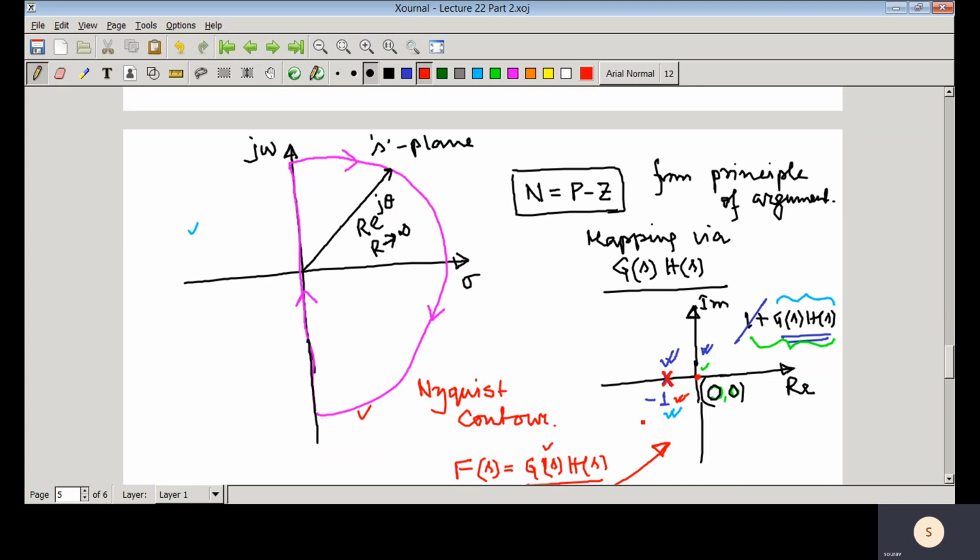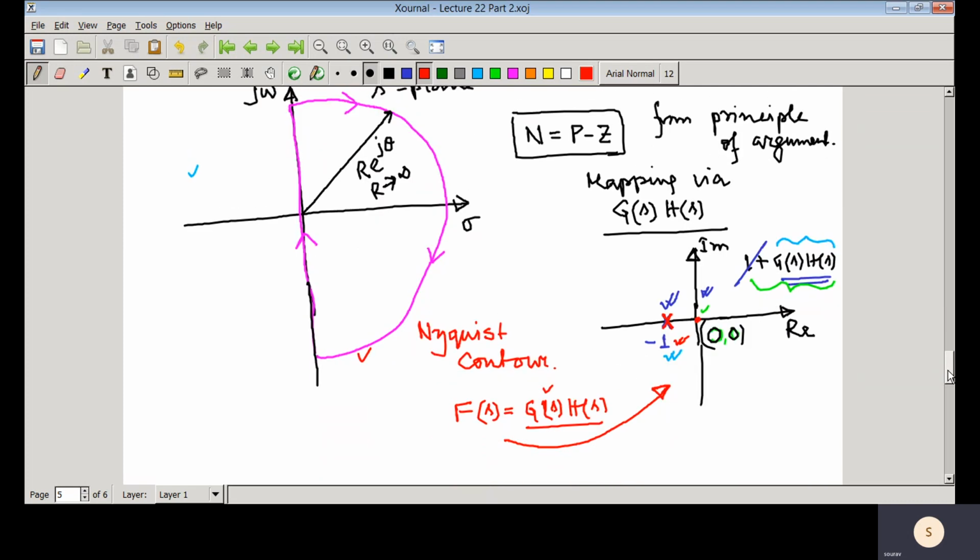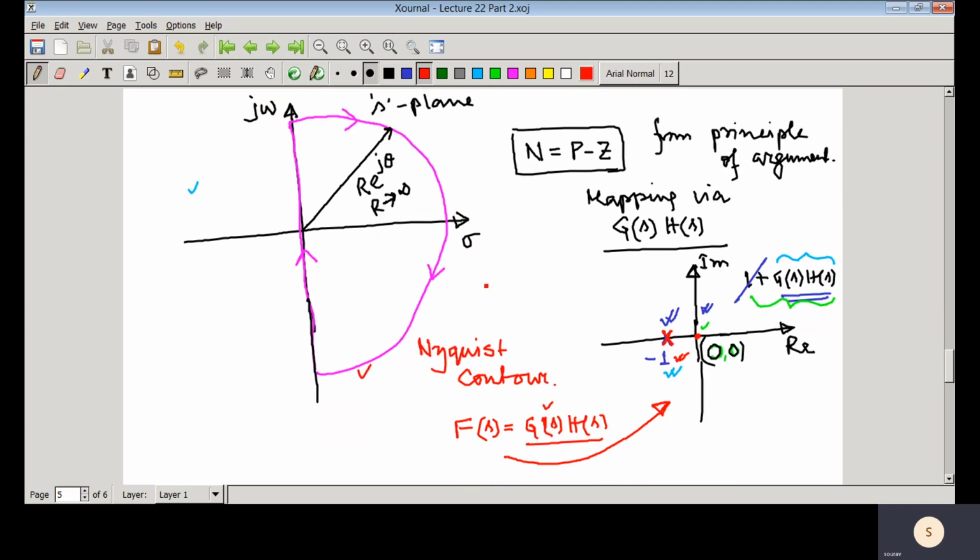So next class we will be discussing what this mapping would be, and here it is clear that we are trying to map this contour, which encircles the closed right half of the S plane, into a plane which is the Fs plane.